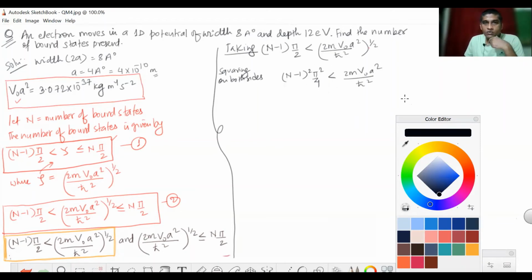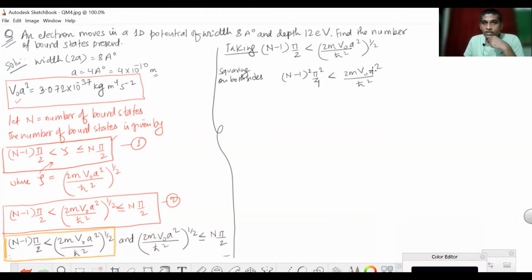Now, as I said earlier, we want V naught a square, so we have to eliminate 2m by h bar square. For that, let us multiply both sides by h bar square by 2m.